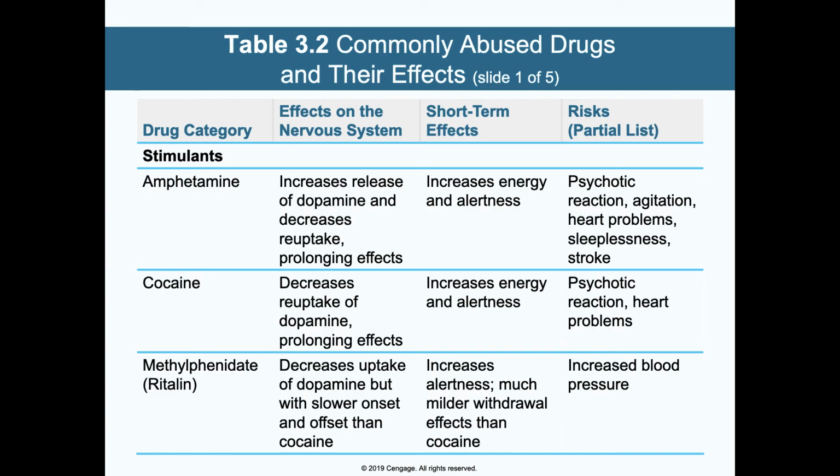So, for example, if a certain drug increases someone's energy and alertness, that would be a positive effect. However, there are negative short-term effects as well. If it becomes too much of something, it becomes a negative short-term effect. However, the last column of risks, these risks tend to always be negative effects on the person as a result of the drug use.